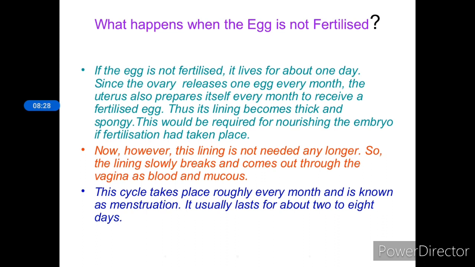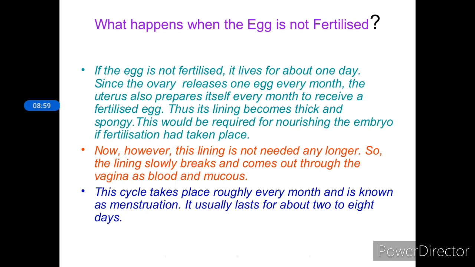That means the lining of the uterus becomes thick and spongy to receive the fertilized egg, right? If the egg is not fertilized, that arrangement in the uterus is not necessary, so it has to be removed. That spongy, well set up region inside the uterus is no longer needed.